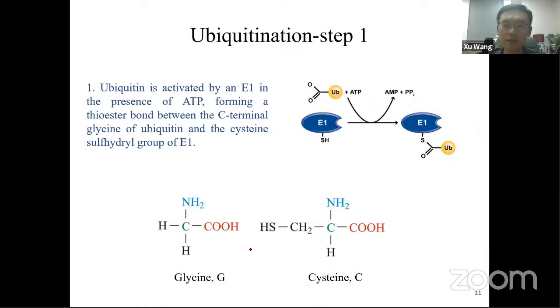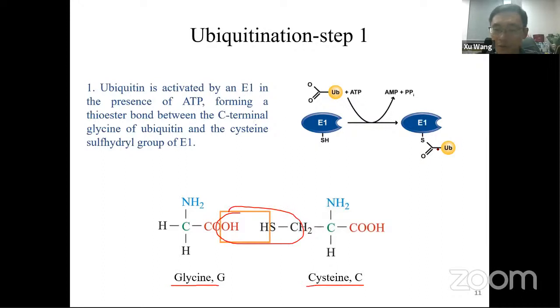So how does ubiquitination take place? In the first step, ubiquitin is activated by an E1 ubiquitin-activating enzyme in the presence of ATP. Then the C-terminal glycine of ubiquitin and the cysteine residue of the E1 form a thioester bond here.